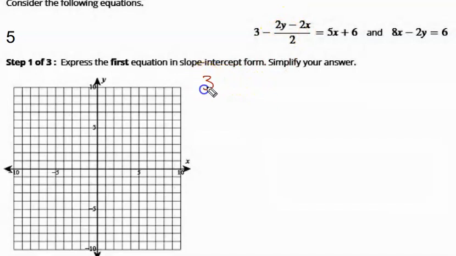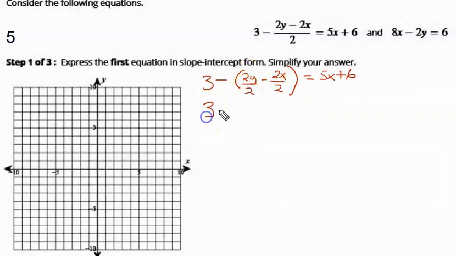So this will be 3 minus, and I'll put this in parentheses here, 2y. I'm going to put this over the common denominator 2, minus 2x over 2. And then the rest is straightforward, 5x plus 6. Okay, let's see what we can do here with this simplification.